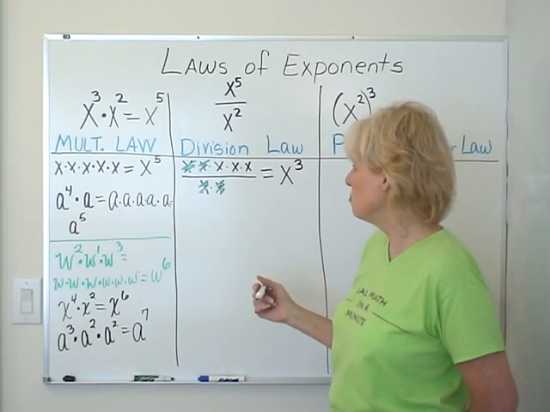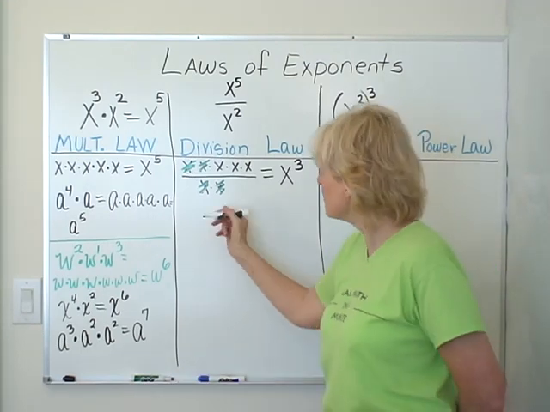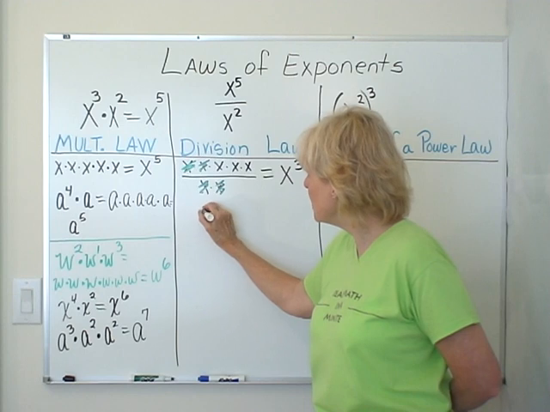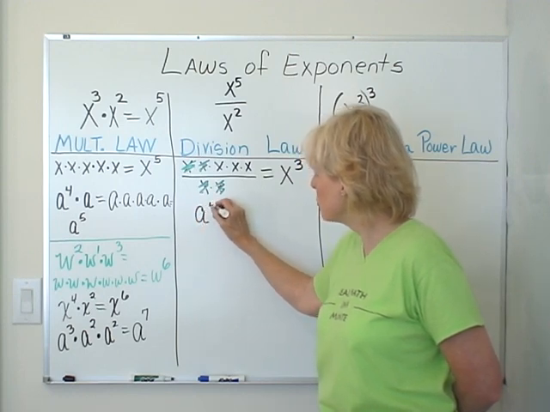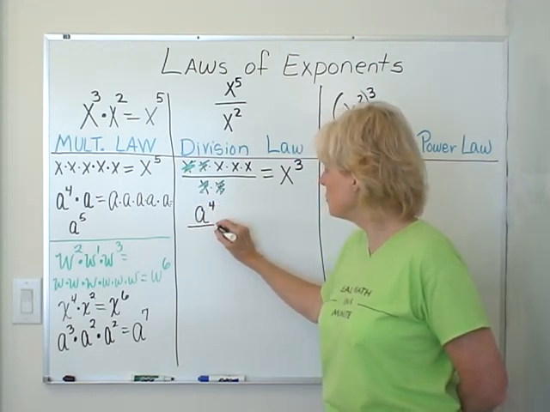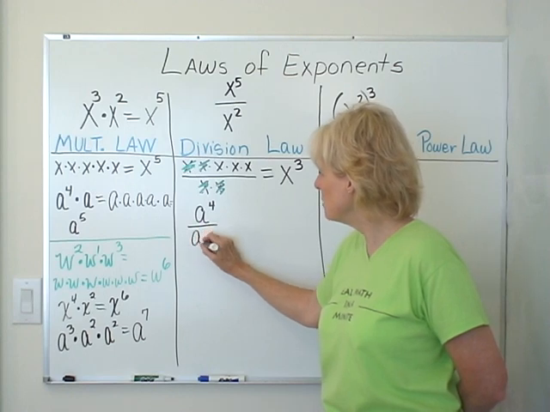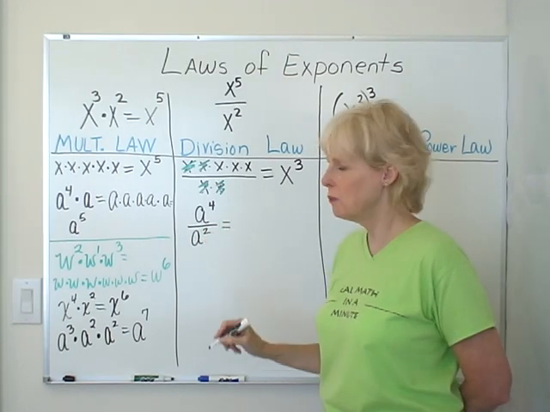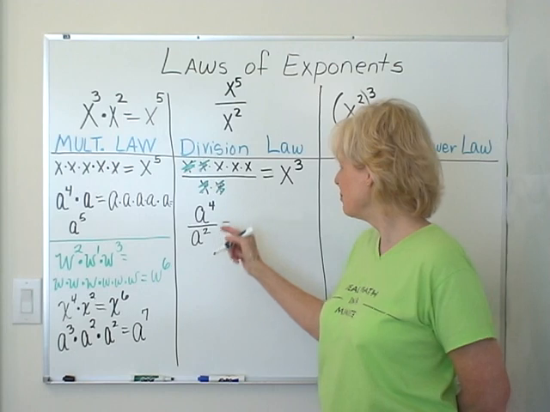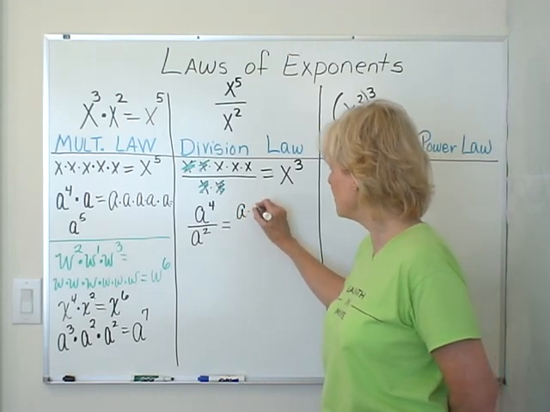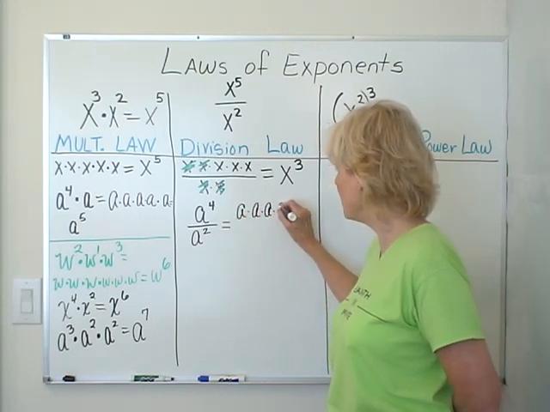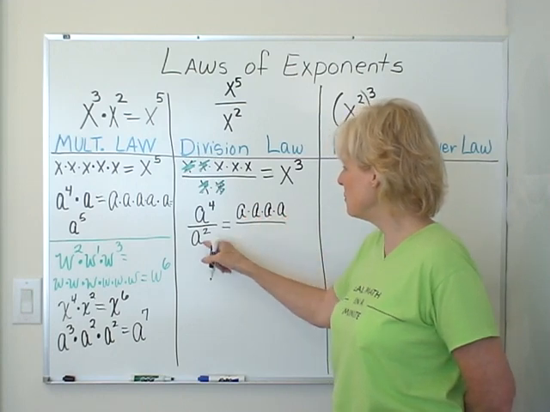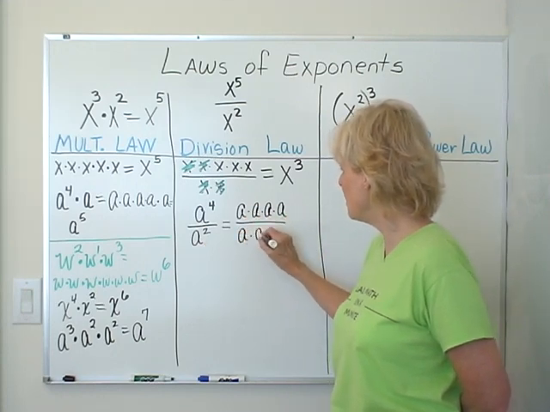Let's see what happens on another one. Let's say that we've got a to the fourth power, and we want to divide that by a to the second power. Well, we use the meaning of exponents. We say a to the fourth means a times a times a times a in the numerator, and in the denominator it's a times a.